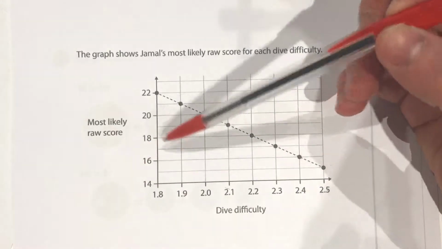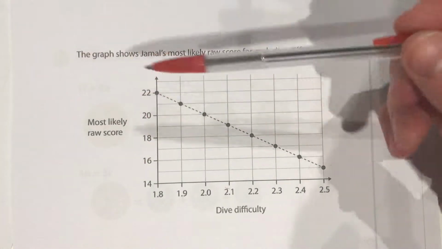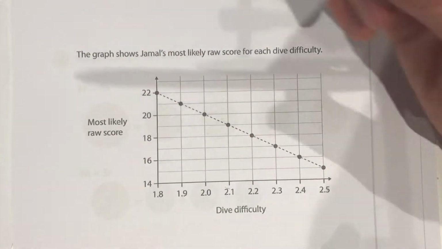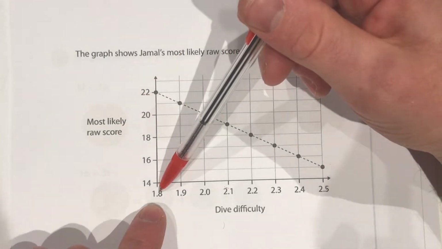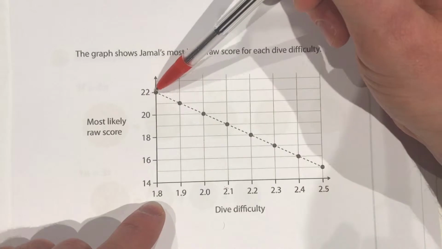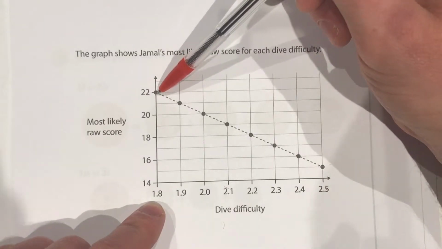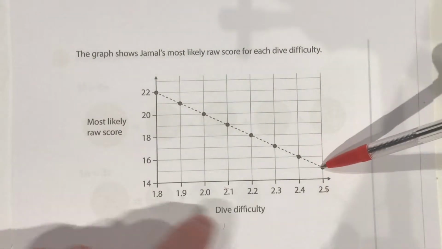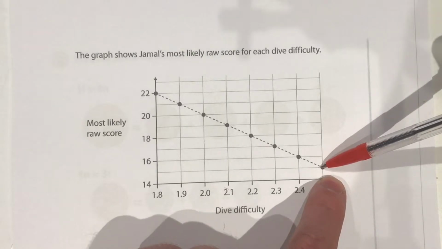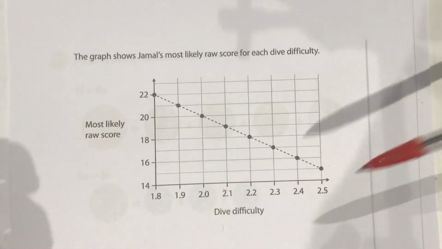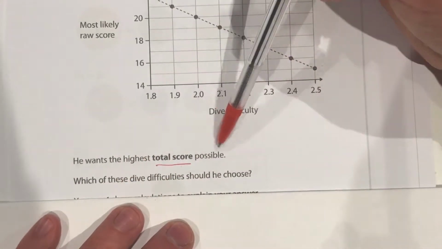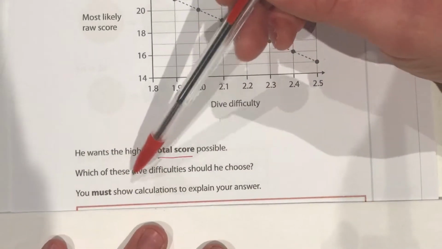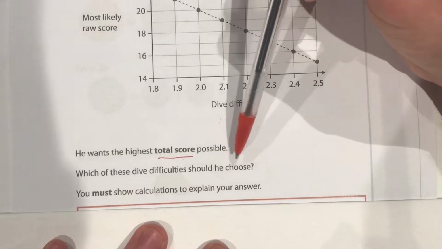Okay, with this question, it's all about understanding how this table works. When the dive difficulty is lower, at 1.8, the raw score is higher, whereas the higher the dive difficulty, naturally the raw score is lower because it's harder. Saying he wants the highest total score possible, which of these dive difficulties should he choose?